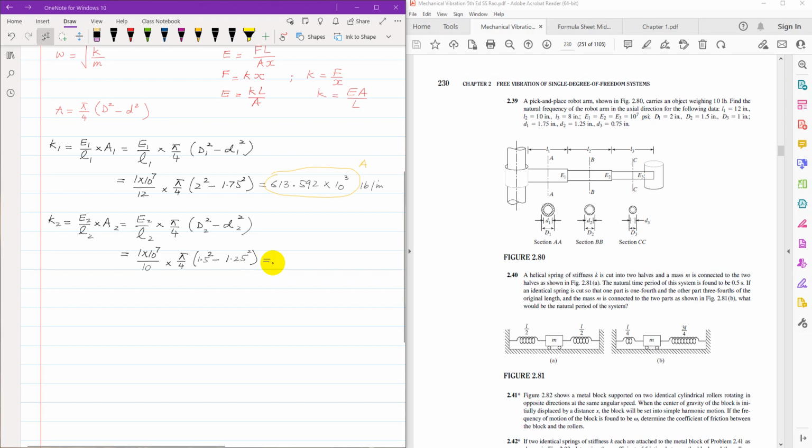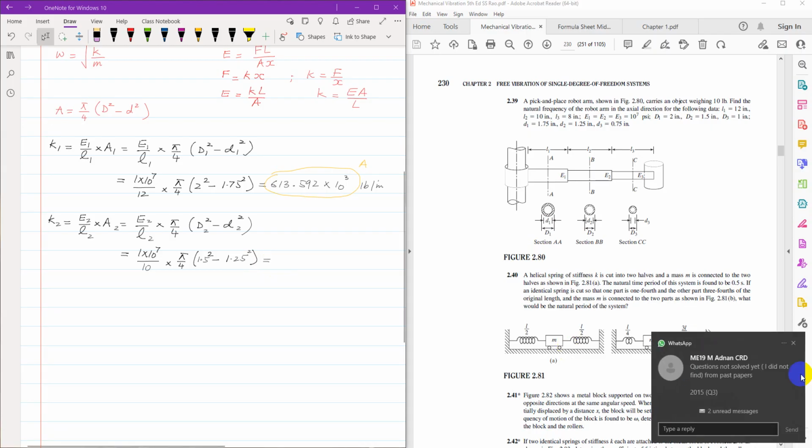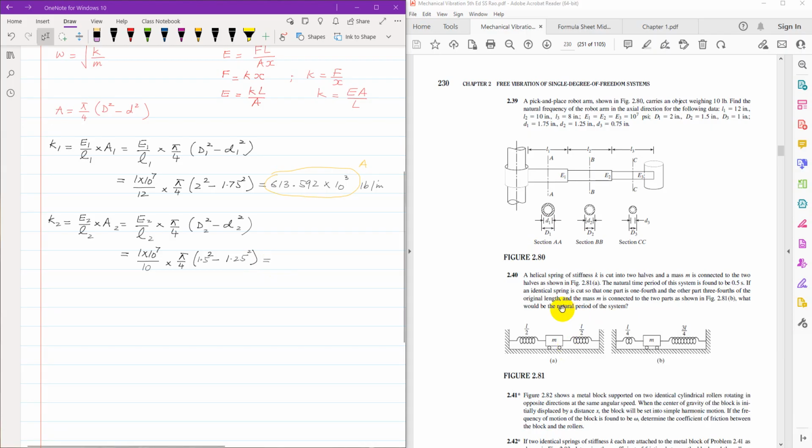When you calculate it, you will get 539.961 into 10 to the power 3 pound per inch, and this value I am going to store in the calculator as B.